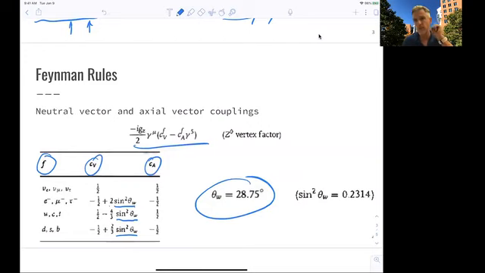As a little preview, the fact that there is this new parameter and an angle involved can be explained later by the fact that the weak interaction is actually the result of a mixing between an original weak interaction and QED. So there is a mixing going on. In other words, the Z boson itself is a mixture between the part which couples to the weak part of the particles and a part which couples to the electrically charged part of the particles.